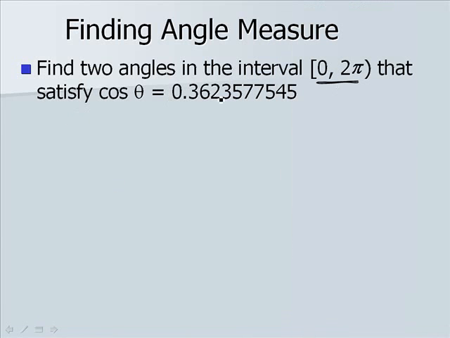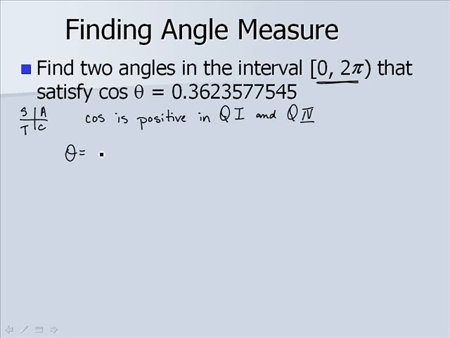Now notice that cosine is positive, and remember from CAST that the cosine is going to be positive in quadrants 1 and 4. So we have that theta is cosine inverse of our angle.